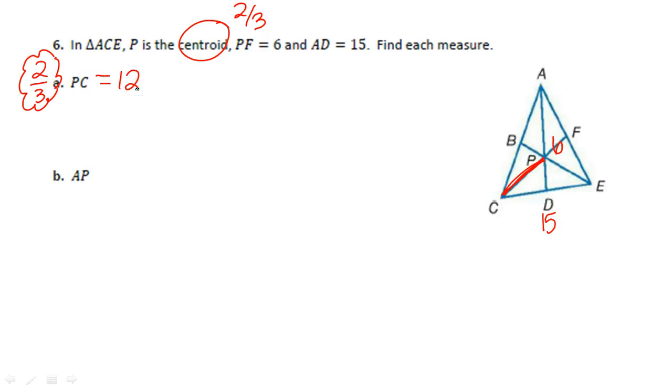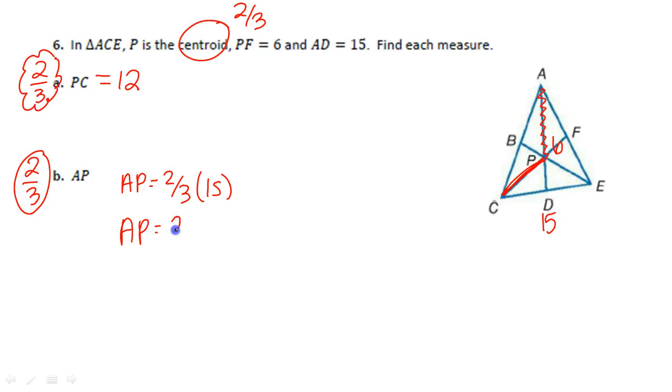Okay, to find AP, AP is right here. That's going to be the 2/3 piece. So we know it's 2/3 of the whole, and we know the whole is 15. So AP is going to equal 2/3 of that whole median, which is 15.